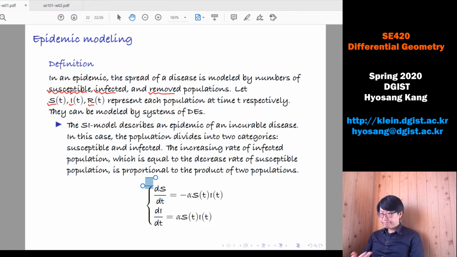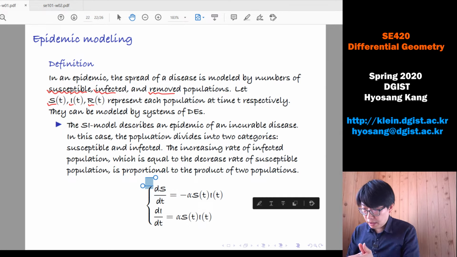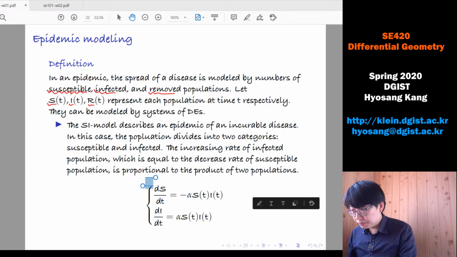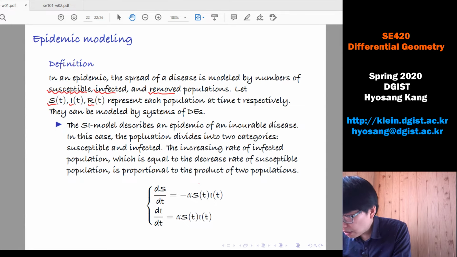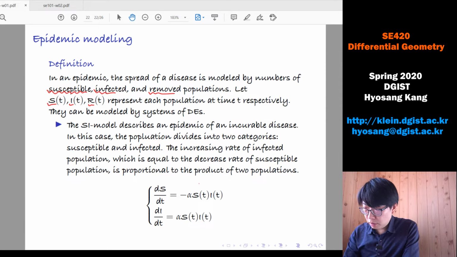So you can model this so that even the cured people can become either susceptible people or immune people. Let me explain more. The simplest model is the SI model, where people are either susceptible or infected.